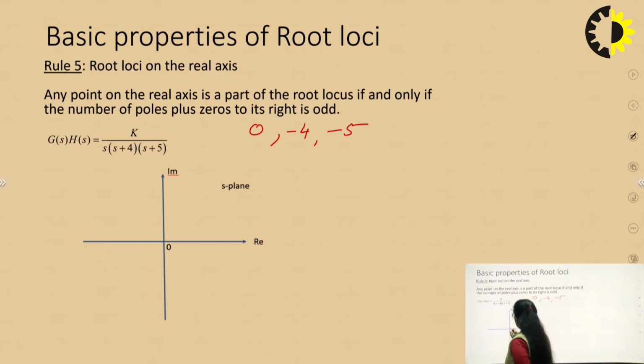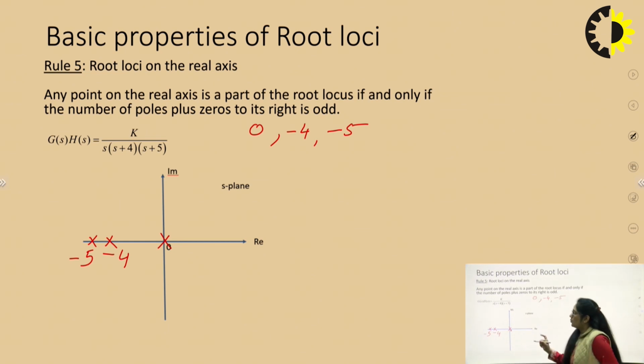So, let us say there is one pole here. This is say -4 and -5. Now, which part on the real axis would be part of the root locus? It clearly states that any point on the real axis is a part of the root locus if and only if the number of poles plus zeros to its right is odd.